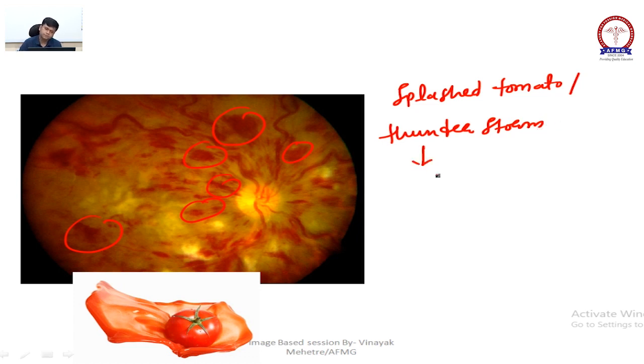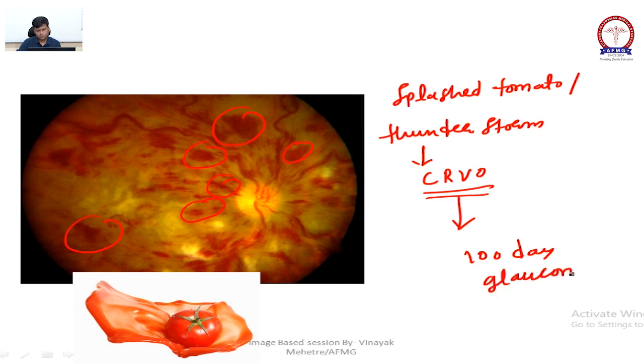It is seen in CRVO, central retinal venous occlusion. And the complication of CRVO is 100-day glaucoma, meaning to make new vessels it will take 100 days.